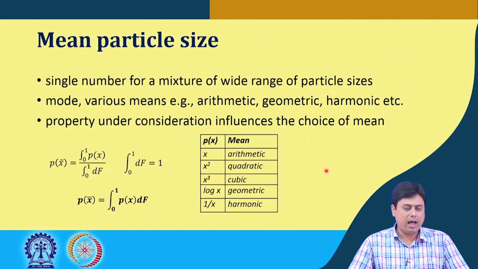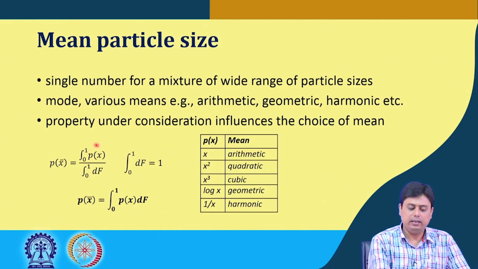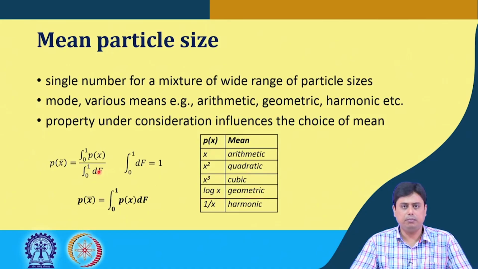Let us say you have a function p(x), and the average value, the mean value, is this one. This mean is defined by this formula. This is the definition of the average value of a function. Now, if this p(x) is x, then this definition gives you the formula for the arithmetic mean.